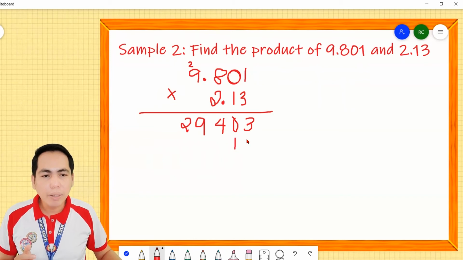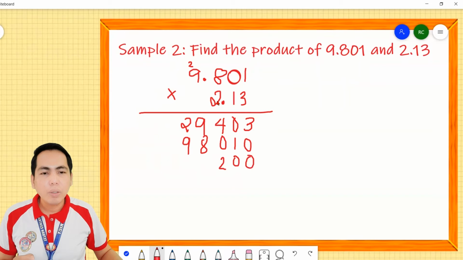So 1 and then 0 here. 1 times 0 is 0. 1 times 8 is 8. 1 times 9 is 9. Next, we are going to multiply the digit 2. So 2 times 1 is 2 and then we have 0 and 0. 2 times 0 is 0. 2 times 8 is 16. Regroup 1. 2 times 9 is 18 plus 1 is 19.